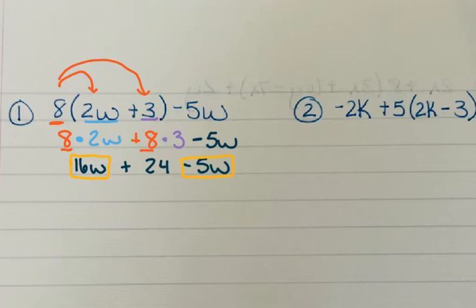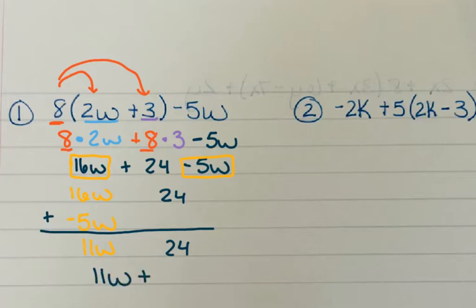So I'm going to line them up, and then we add, just like before. 16 plus a negative 5 is 11w. And then I have this 24. So now my final answer is going to be 11w, that's a positive 24, so it becomes a plus 24.